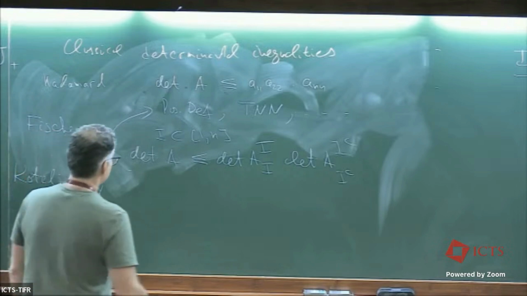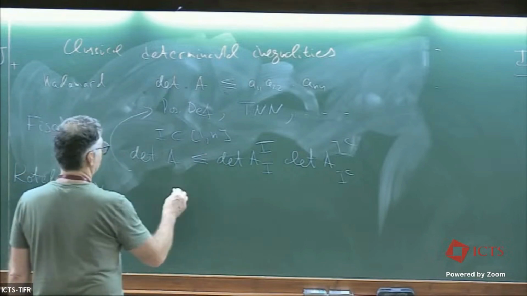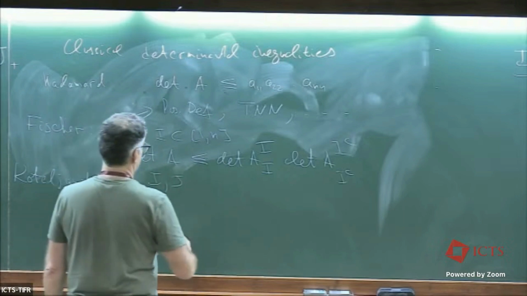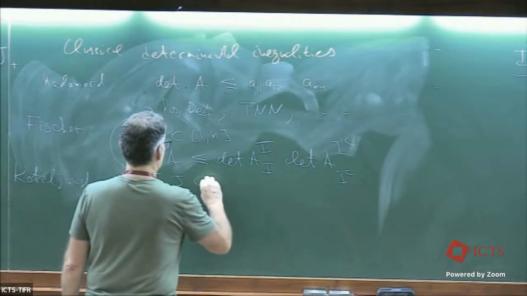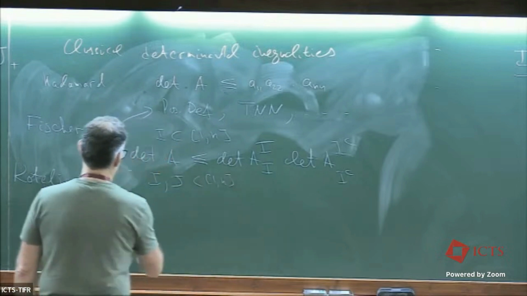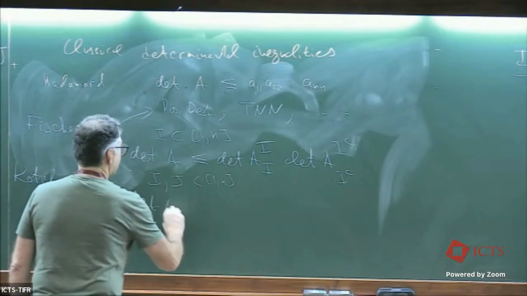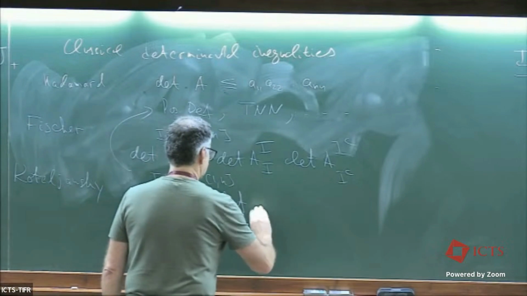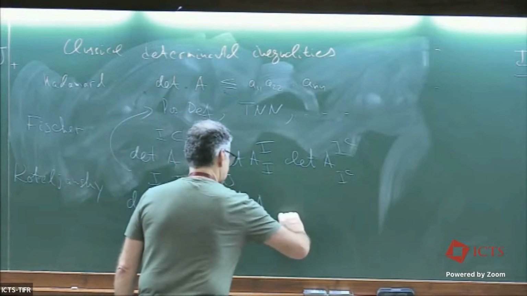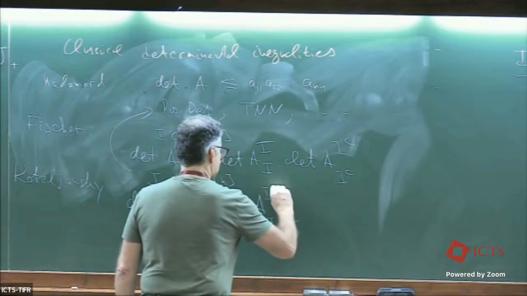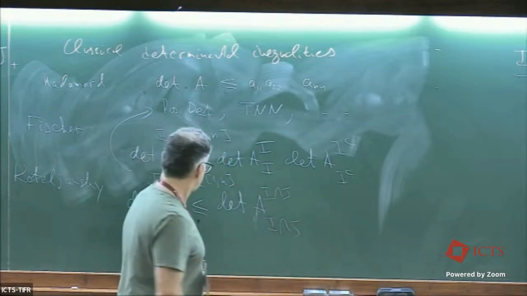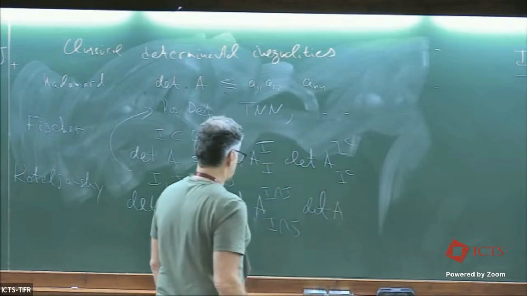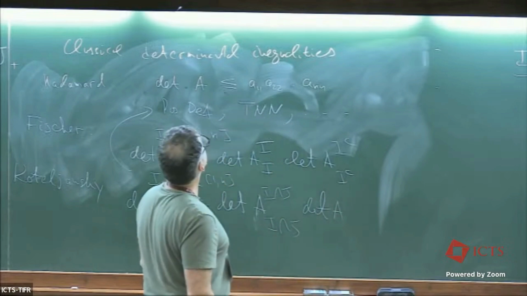Yeah, and this is a similar story, but now you have two index subsets I, J in 1 to n, and then the determinant of A is less or equal than the product of the determinant of A with index set I intersect J times the determinant of, what is it?